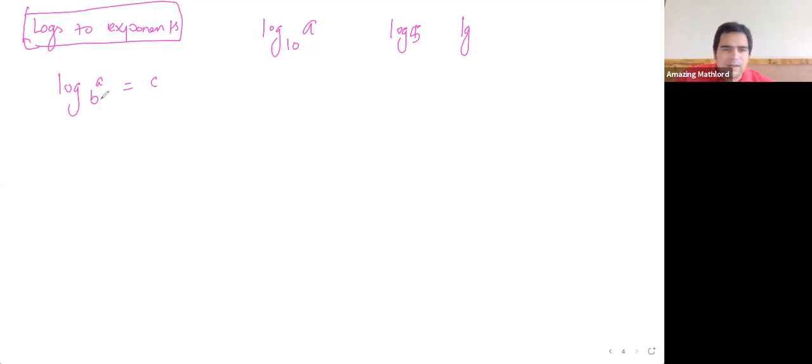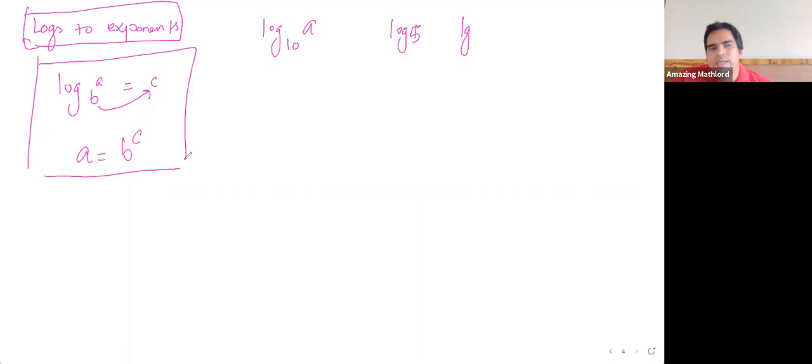But coming to this part, if you've got a logarithmic expression and you want to write it in exponential format, this base pushes the other stuff to the right, and the answer, you're just undoing the earlier part. So it'll be b to the power c. If you got log a to the base b equals c, you can write it as a equals b to the power c.